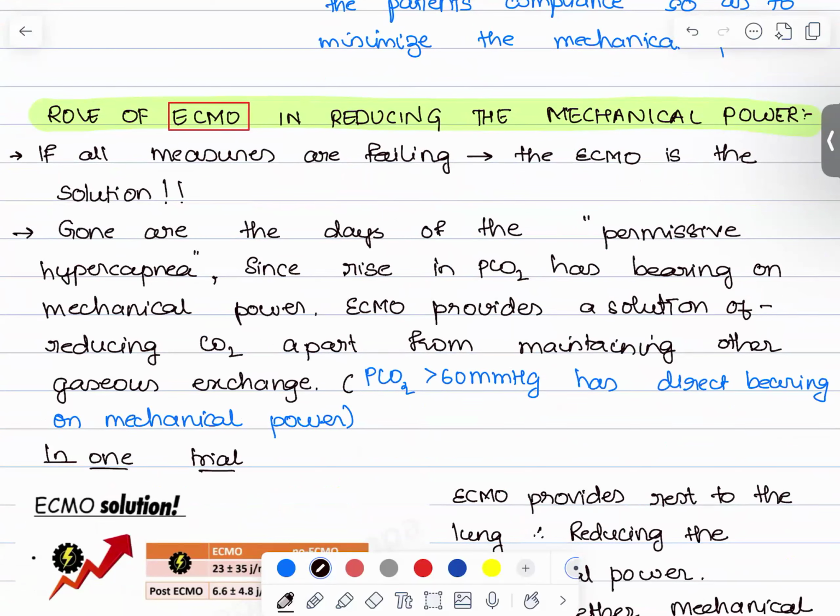By providing ECMO to the patient, we can bring the respiratory rate down to 10 and we can decrease the tidal volume, for example, to keep the peak pressure under 20 centimeters of water. Thereby the mechanical power is reduced, and the introduction of ECMO can also mitigate the permissive hypercapnia.